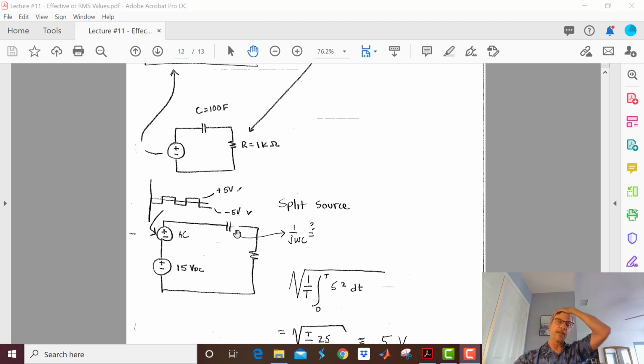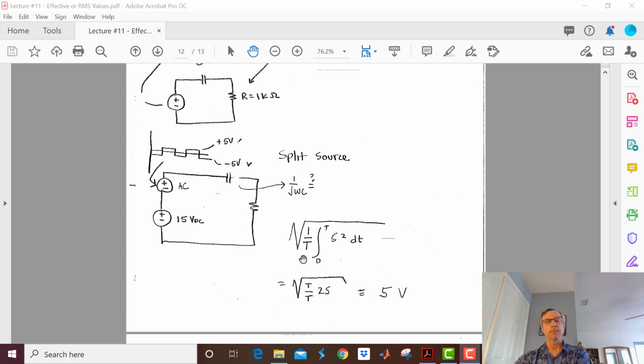So I know that I have this capacitor here, and it's not going to pass any DC current. So what's my waveform going to look like right here? I just want to look at the waveform. The waveform here will look like this waveform, but with no DC. So the waveform here will be plus 5, minus 5, plus 5, minus 5. Or in other words, it's going to look just like this piece of my model. So at this point right here, I'm going up 5, down 5, up 5, down 5.